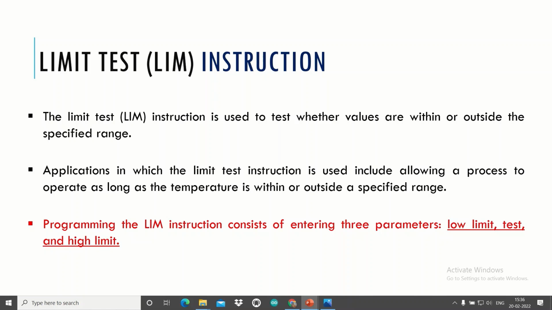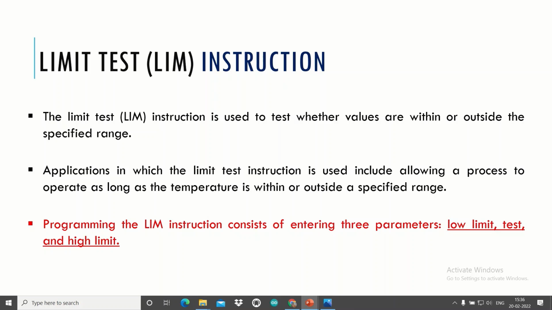Now you see that during the discussion of our multiplication instruction, we had to compare the sensor value on two occasions, one in case of the upper extreme and one in case of the lower extreme. If we consider the limit test instruction, then it is possible with one block instruction only. Otherwise we need to go for two separate comparisons.